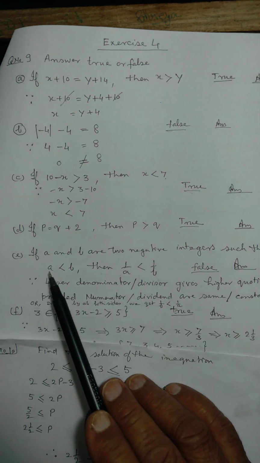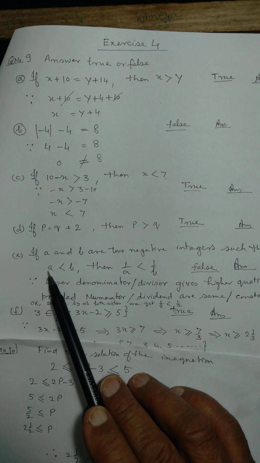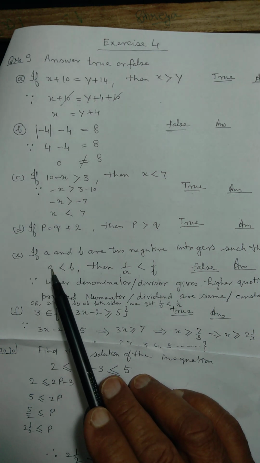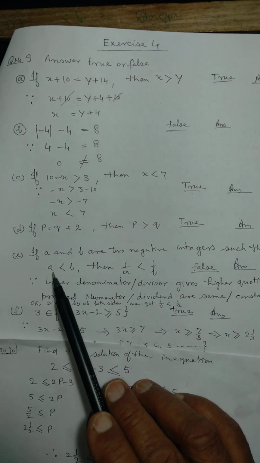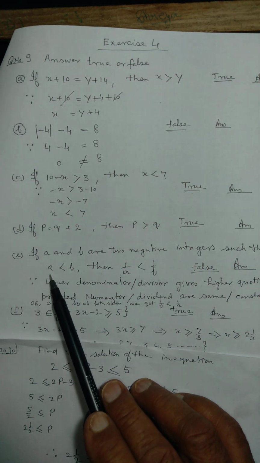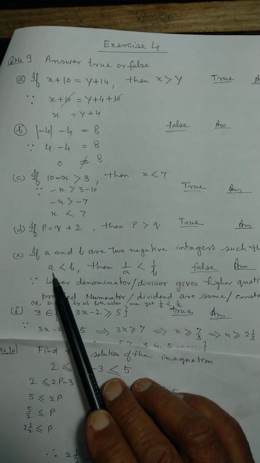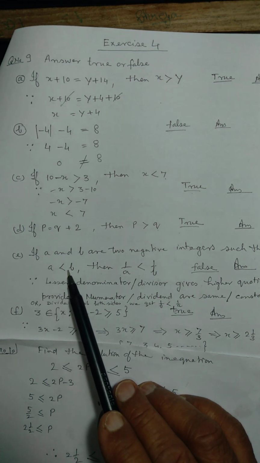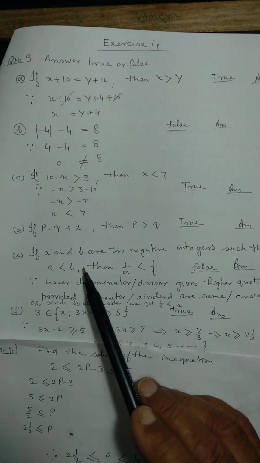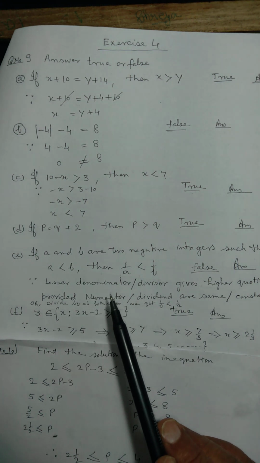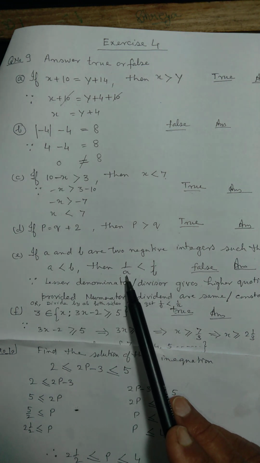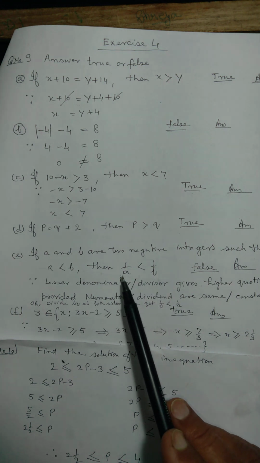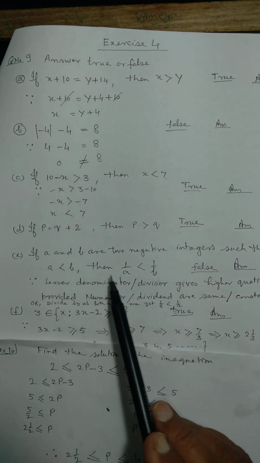What you do is, you multiply both sides by 1 upon AB, so you will get 1 upon B is less than 1 upon A. So once you transform it, that will become 1 upon A is less than 1 upon B. That will be incorrect.